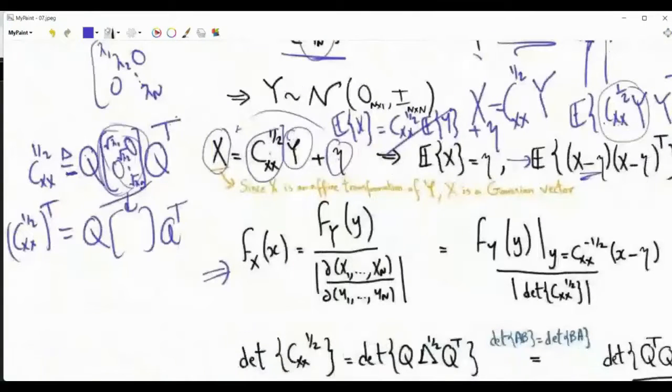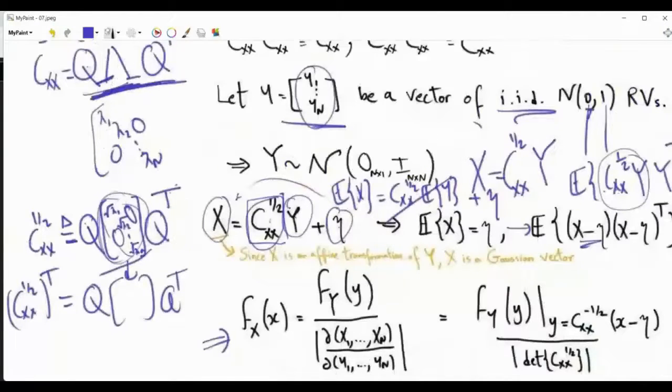By defining x to be this matrix times y plus eta, vector x is a Gaussian vector. Its components are jointly Gaussian random variables. The means are in vector eta, and the covariance of x is Cxx. What we put here to construct vector x is the square root of matrix Cxx, designed as explained.